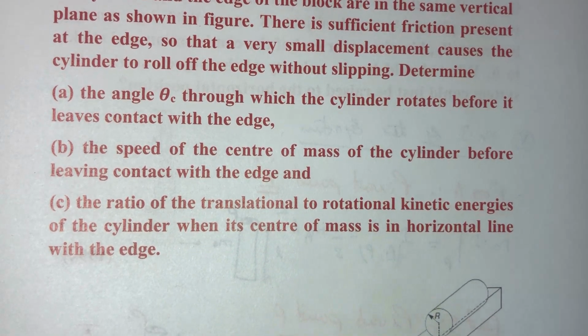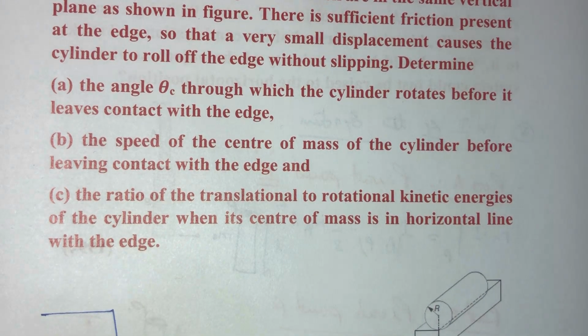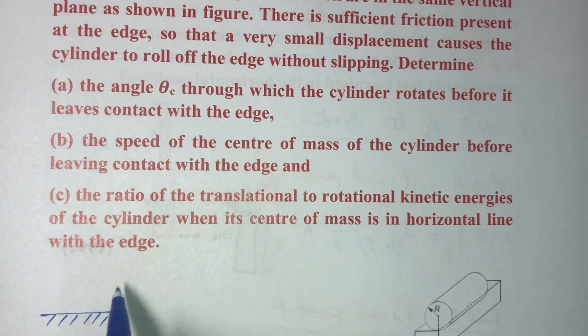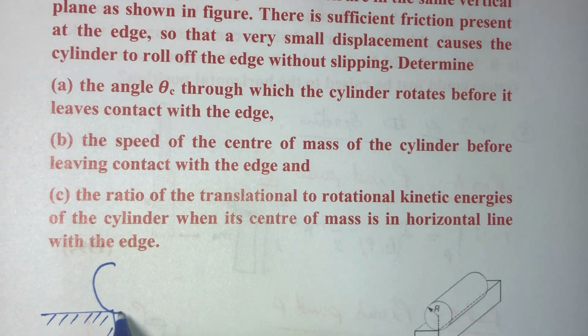So we can draw a much simpler figure for this little complicated one. You can see that this is basically the block, and the cylinder is just about at the edge.